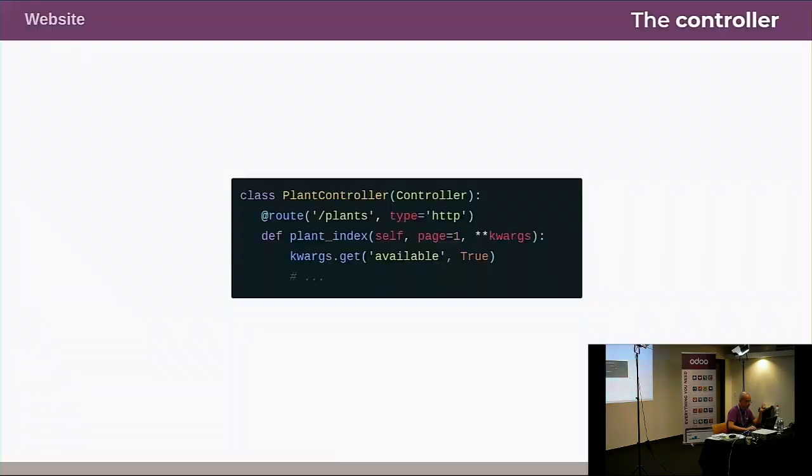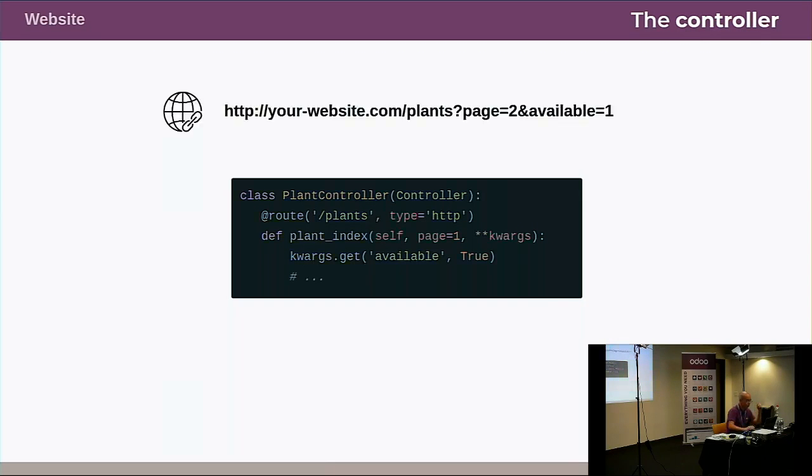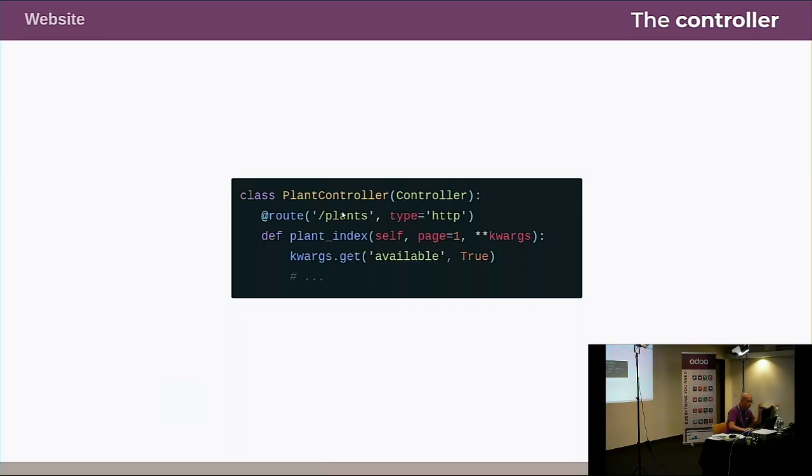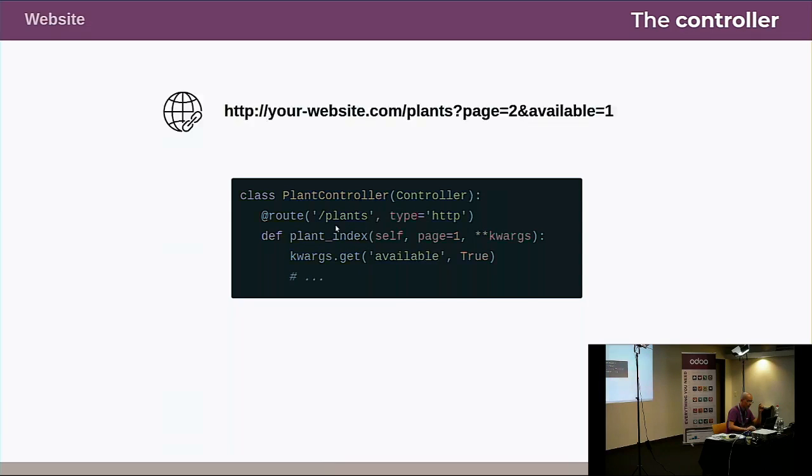Then we have the optional parameters. So let's say that you are declaring your routes like this, and you only specify the plant. You can still, if you have a URL that looks like this, have additional parameters, and the way that you catch them is simply like this.